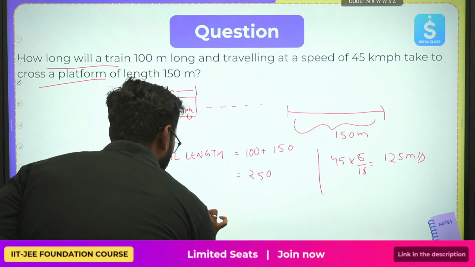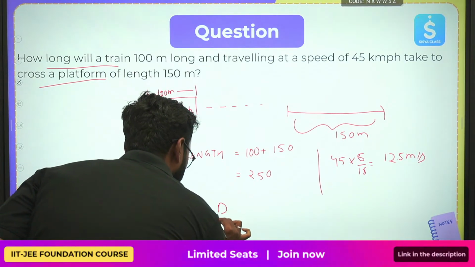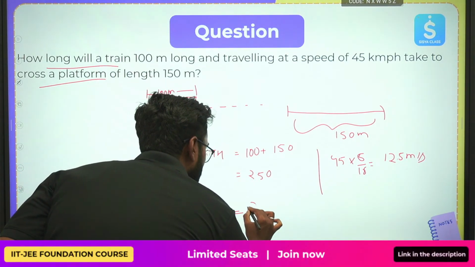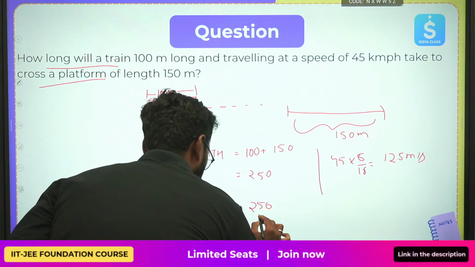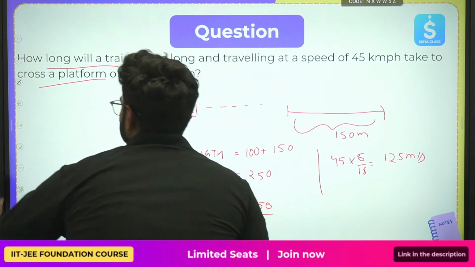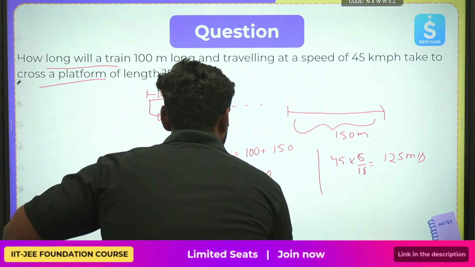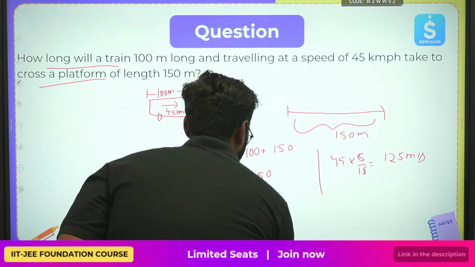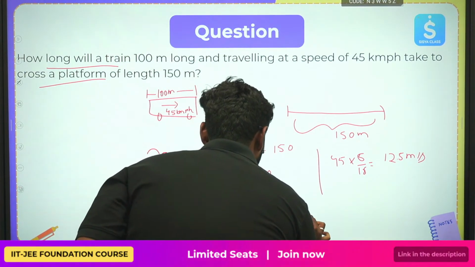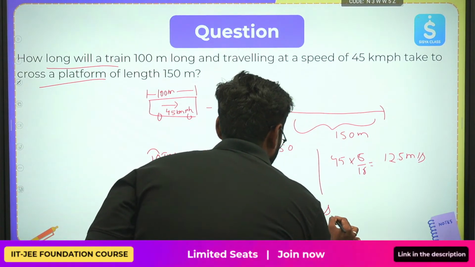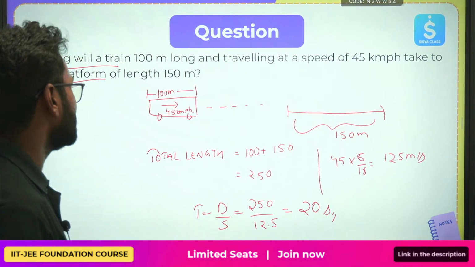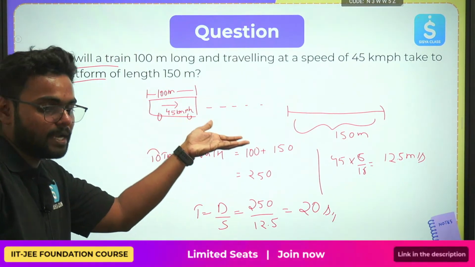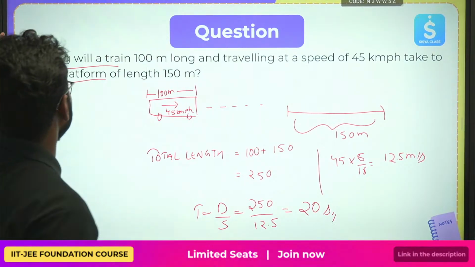So time would be distance upon speed, that is 250 upon 12.5. This should be 20 seconds. Okay, in this case, the train has to cover both 100 meters and 150 meters.